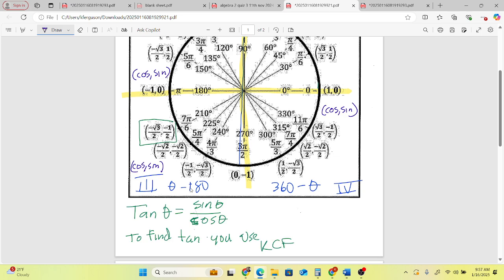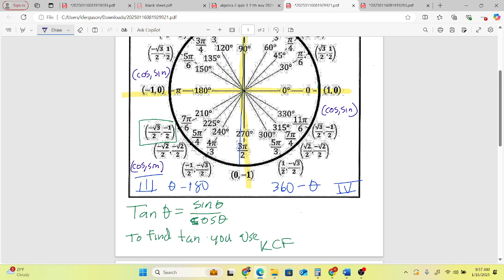Well, the third quadrant puts me at say 210, 225, or 240, and if I'm there, I take that angle and subtract 180. So if I was looking at 240, I would say 240 minus 180, which is 60. So again, I'm back to 60.